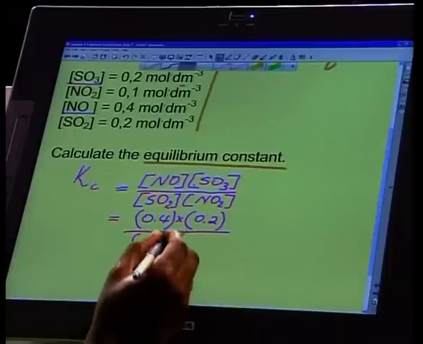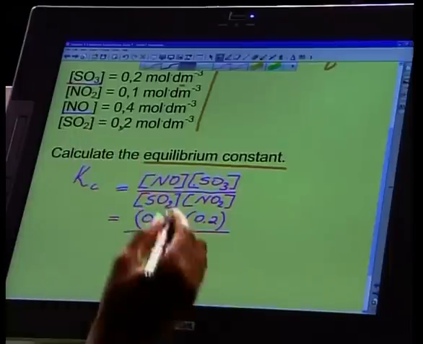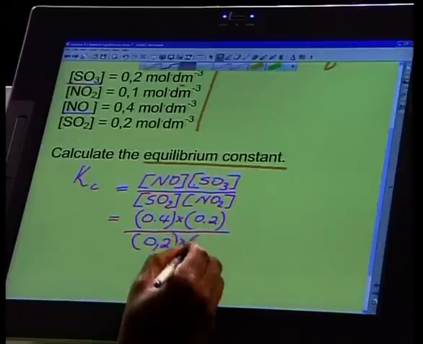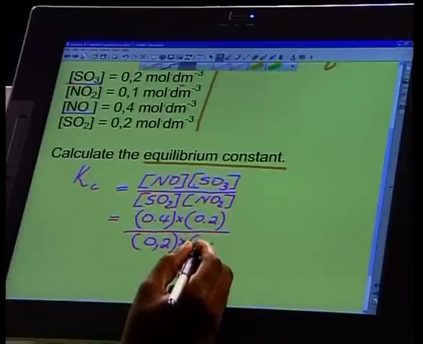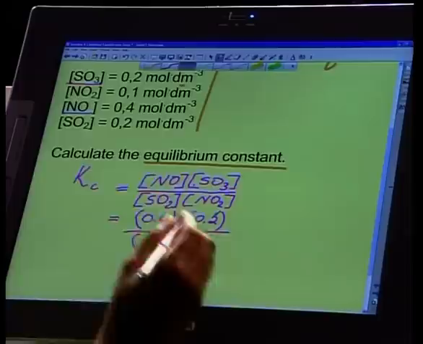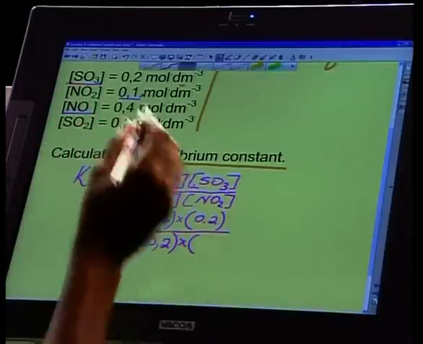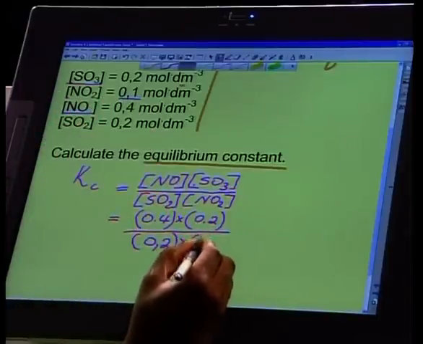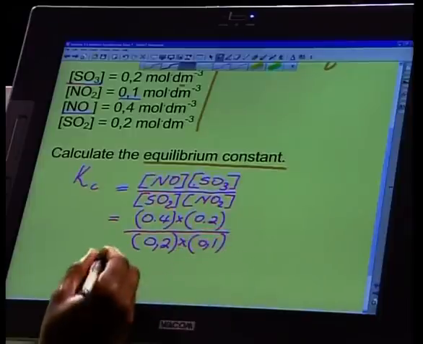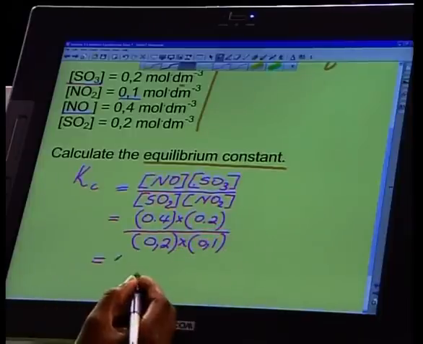Here is 0.2 there, right? And the concentration times the concentration of NO2, and what is that concentration? It is 0.1.